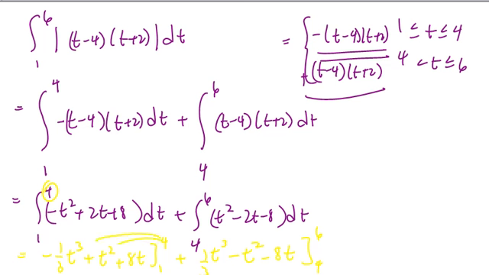And if I plug in my 4s here and then my 1s and subtract them, and the 6s and the 4s, I'm just going to write it out here. You could maybe just pause the video and give it a try yourself and then check my answer.